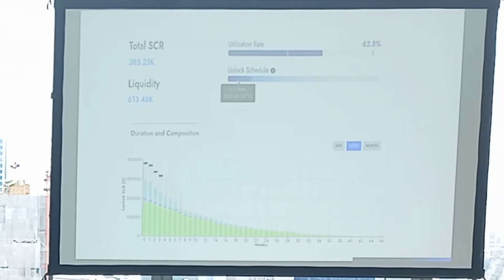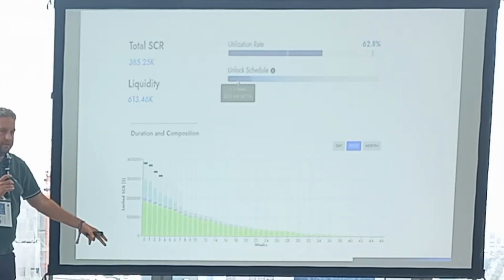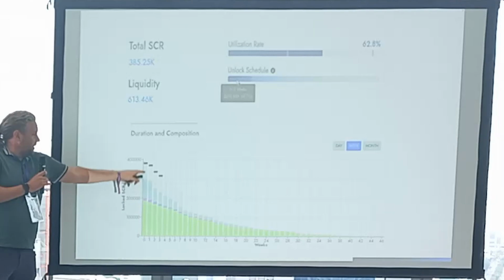That gives the liquidity providers all the information on when they can withdraw the funds based on the duration of the portfolio.